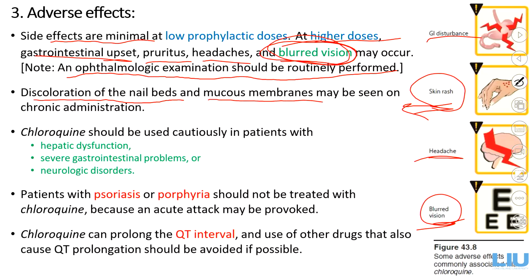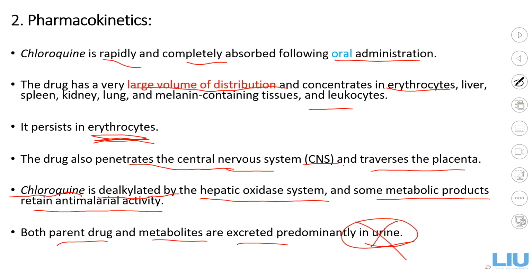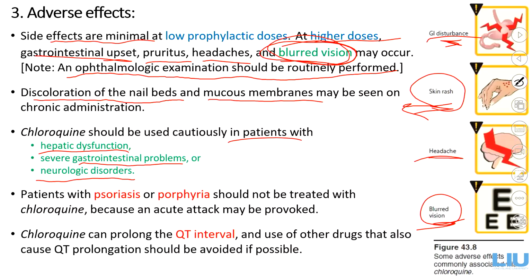Okay. The drug should not be used in patients who have hepatic dysfunction, or if they have severe GI problems. Obviously, that could exacerbate that, or if they have neurologic disorders, because the drug crosses the blood-brain barrier reaching the CNS.